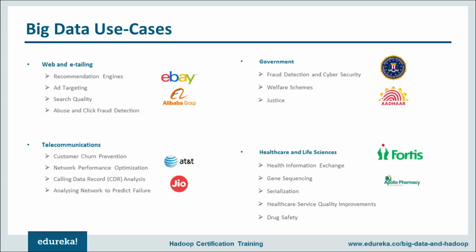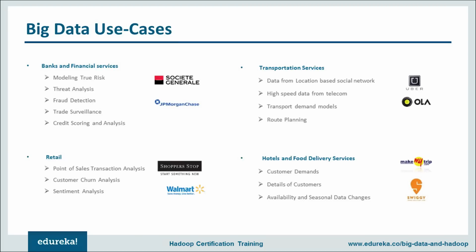It has been widely used by healthcare and life sciences for health information exchange, gene sequencing, serialization, healthcare service quality improvements, and drug safety. Now let me tell you that with big data analytics, it has been very easy to diagnose a particular disease and find out the cure also. So these are some more big data use cases.